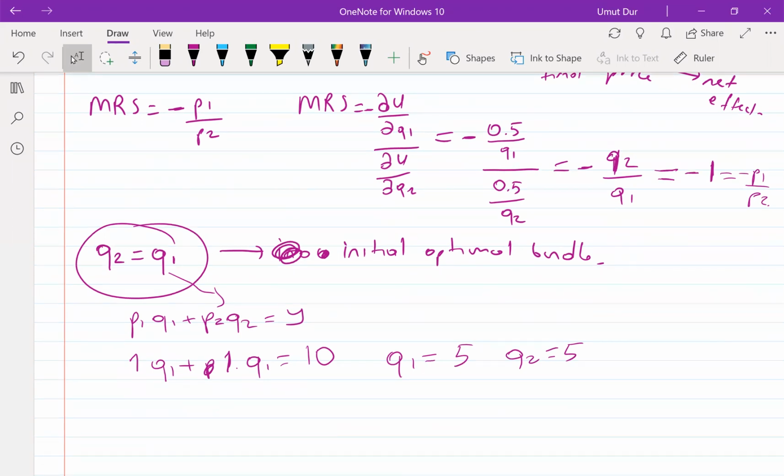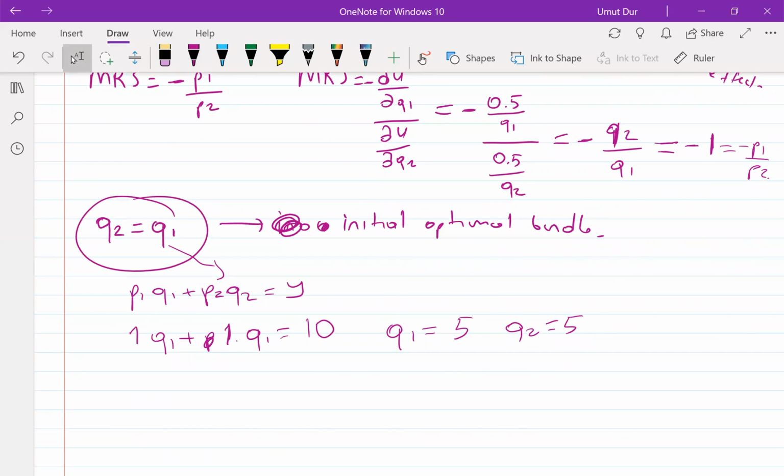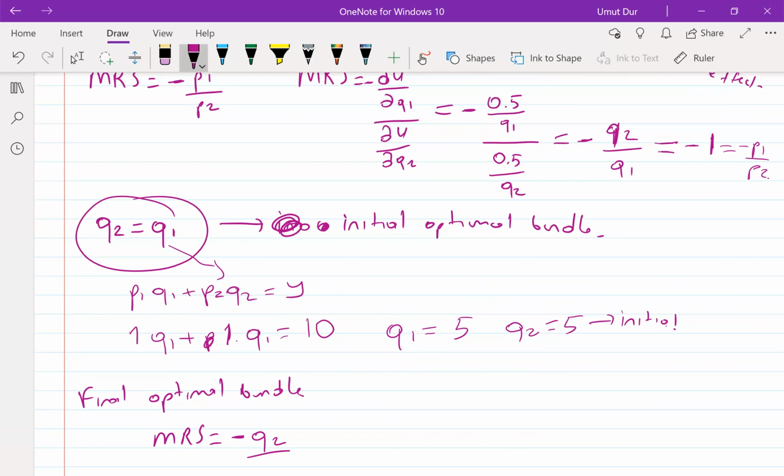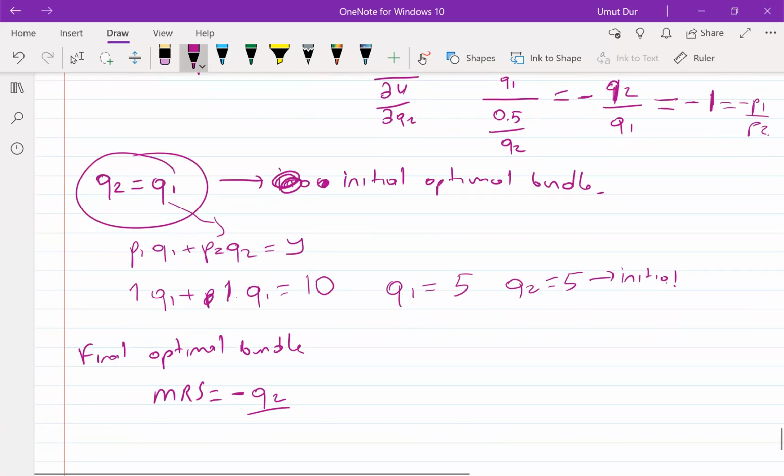Then let's try to find the final optimal bundle. So this is the initial one. For the final optimum bundle, I use the same marginal rate of substitution. Nothing changed with the marginal rate of substitution for the final one because nothing happened to the indifference curve. They have the same shapes.